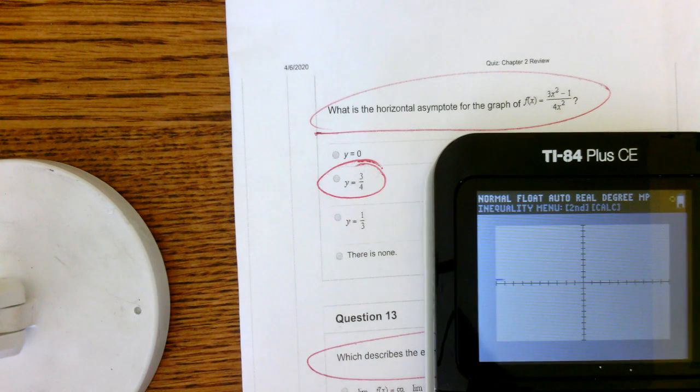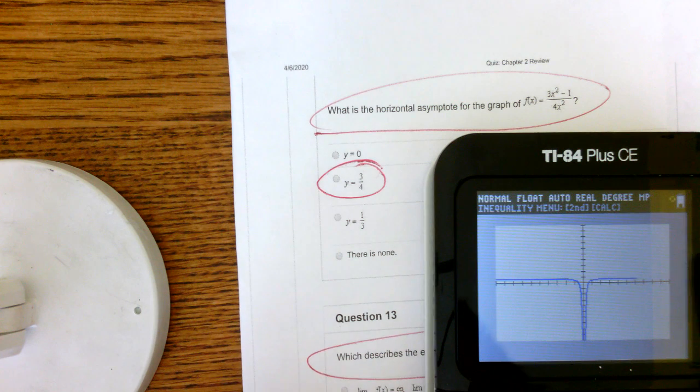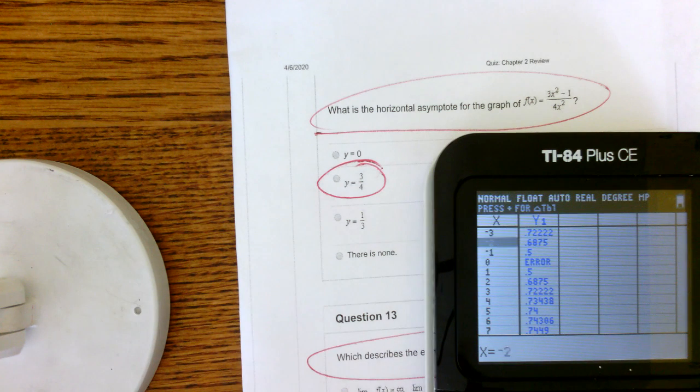So if we graph this, you may not be able to see exactly where it is on the graph. It may look like, oh, it's 1, but it's not 1. Okay. So we go to the table, and as we go to infinity or negative infinity, doesn't matter, you're going to see that it's approaching 0.75, which is 3/4. So that's another way to do that if you need to.